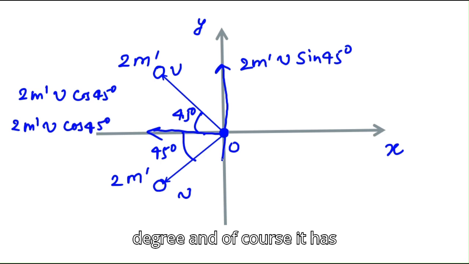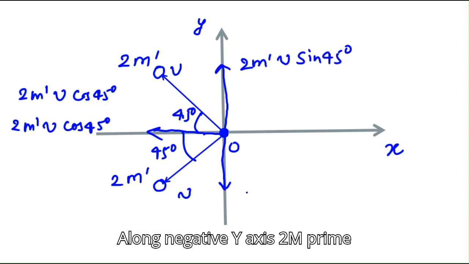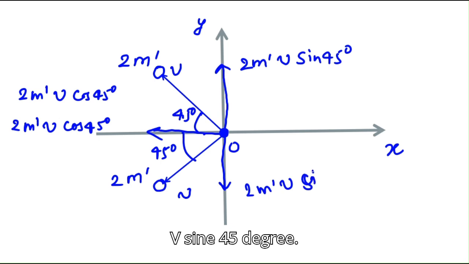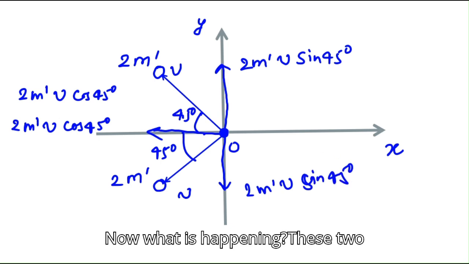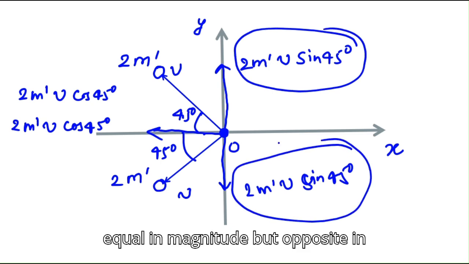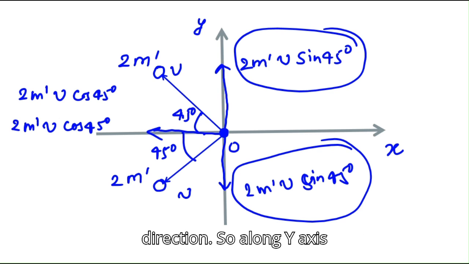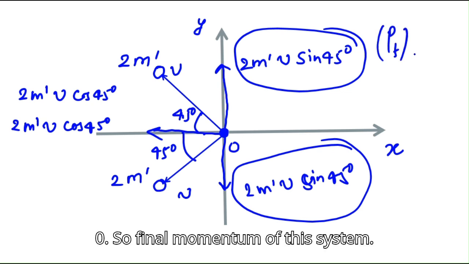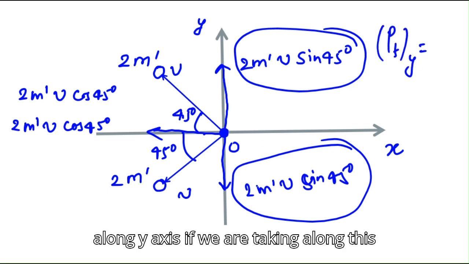And of course, it has along the negative y-axis 2m prime v sin 45 degrees. Now, these two components are equal in magnitude but opposite in direction. So along the y-axis, the total final momentum is 0.